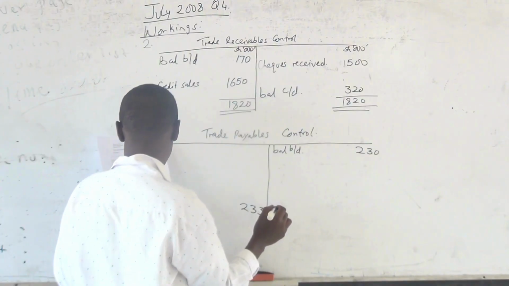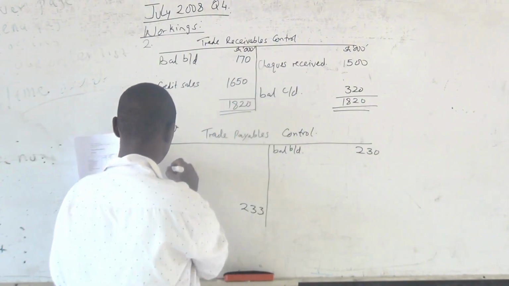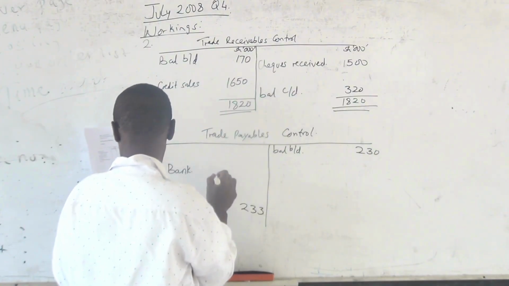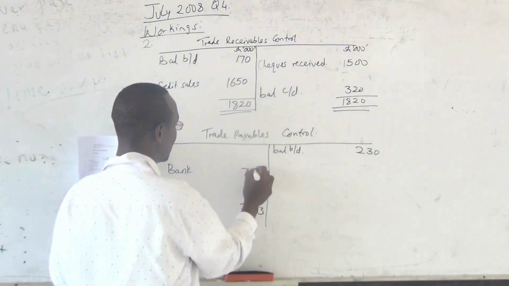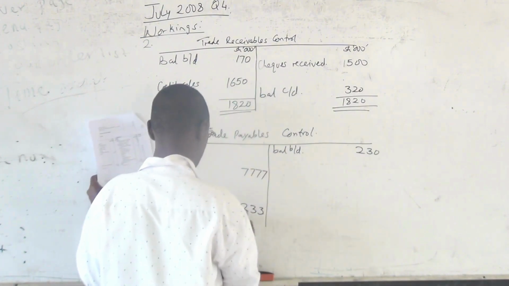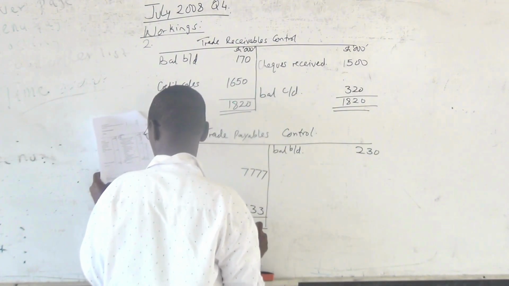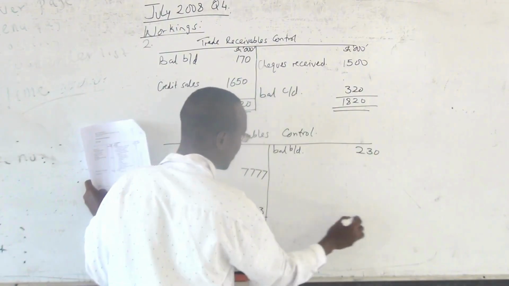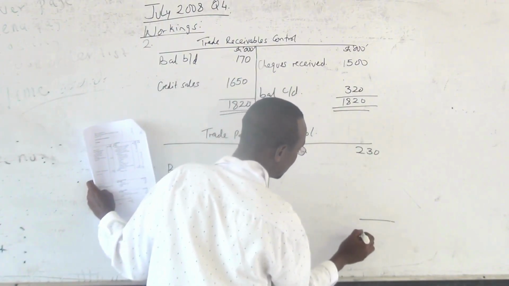Then there is the bank, 7777. So the difference will be what? The credit purchases. So this one is 8 at 10.